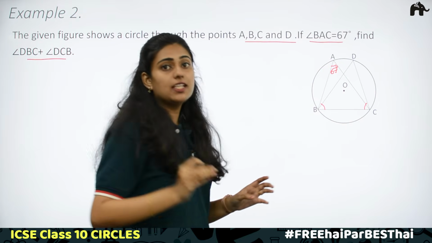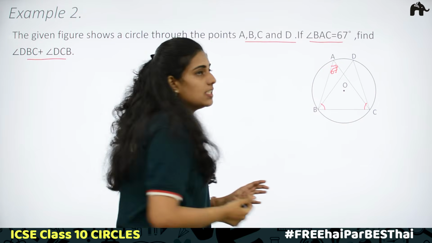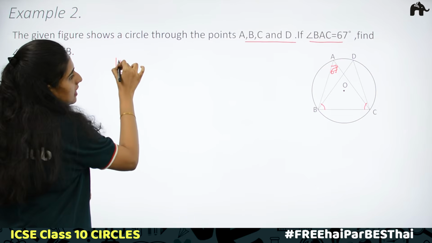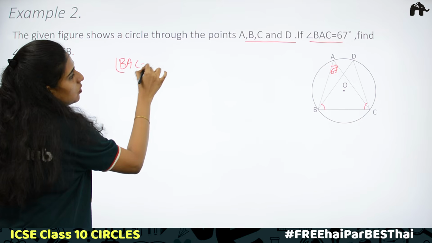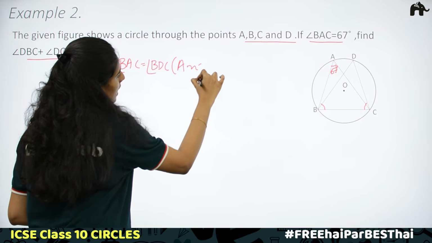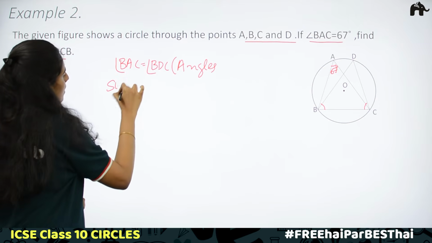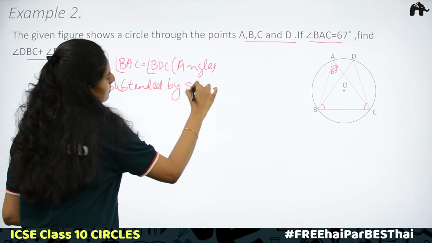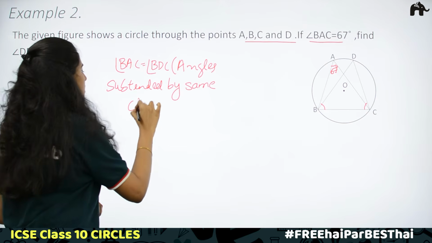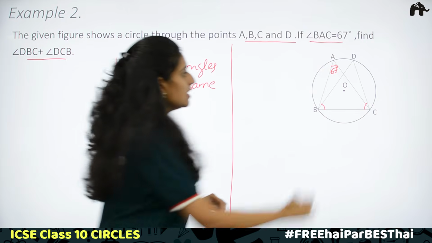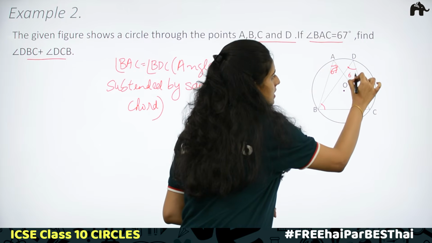Angles subtended by the same chord on the circumference of a circle will be equal. We have studied this theorem. Therefore, we have angle BAC equal to angle BDC, angle subtended by same chord. So, we are getting this angle equal to 67 degree.